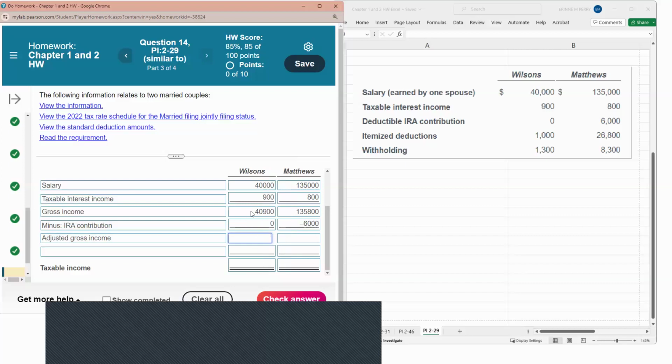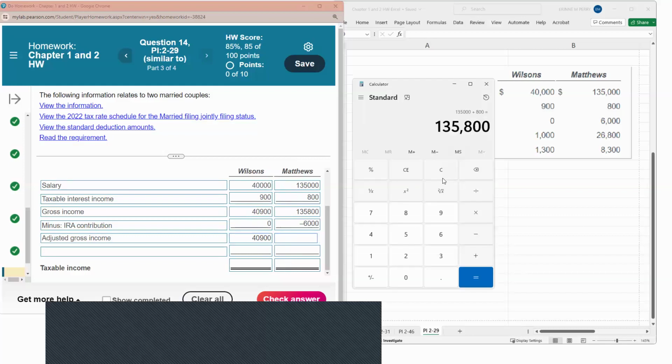So for the Wilsons, their gross income was 40,900. We subtract nothing. There were no for AGI deductions. So therefore, their adjusted gross income is 40,900. For the Matthews, on the other hand, they have gross income of 135,800. We subtract the deductible IRA. So therefore, their adjusted gross income is 129,800.